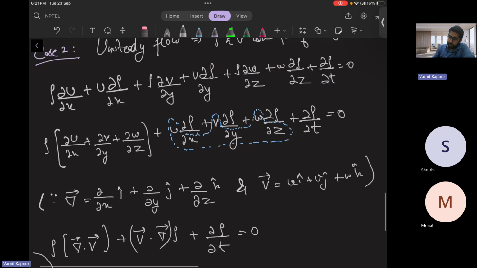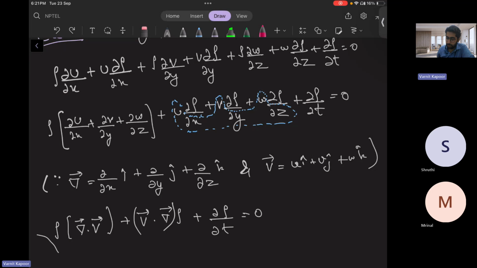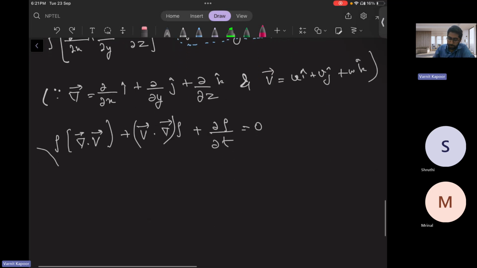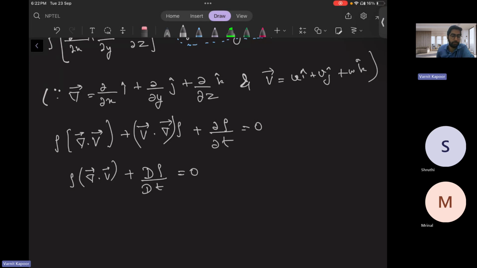Here, if you observe, this whole term is the convective part and this is the local part. We have seen both these terms in the last one. And what is this term? It is the total derivative of density. So you can write this as rho times divergence of V plus the total derivative of density is equal to 0.